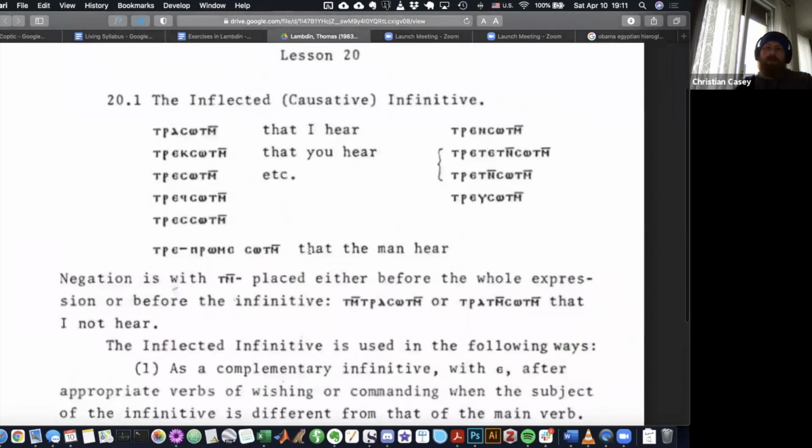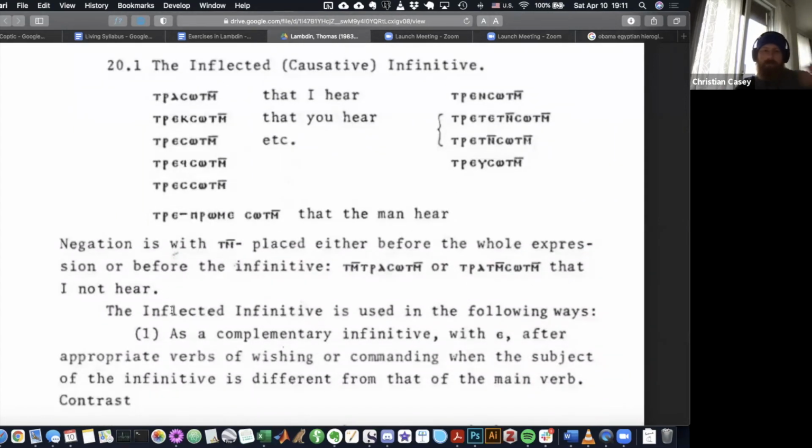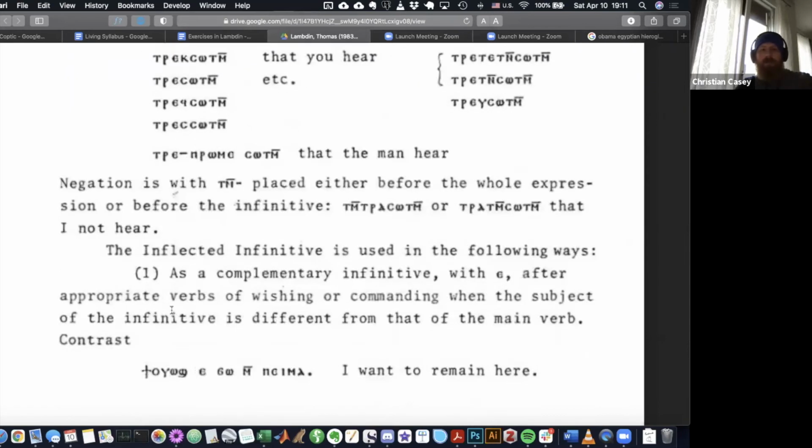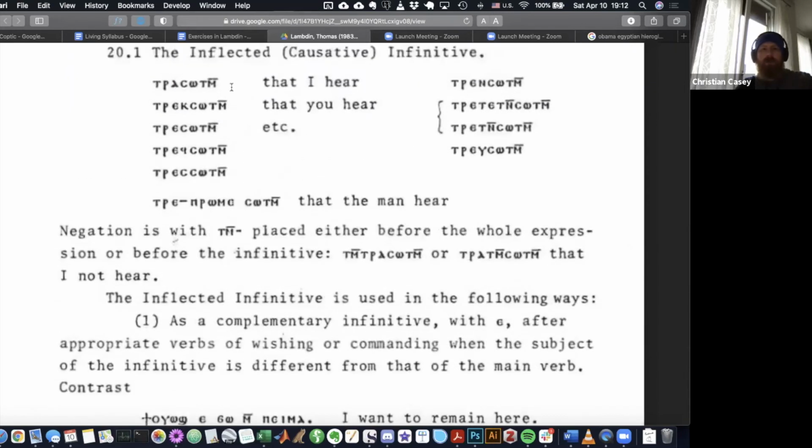But most of the time it's used in grammatical constructions where that causative meaning has kind of been lost or subsumed under the more dominant thing being expressed by the construction itself. So we'll see some examples in just a little bit. But there are all the forms. You can see all of the suffix pronouns that you know and love.